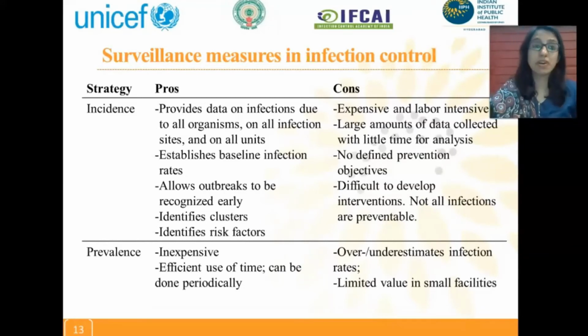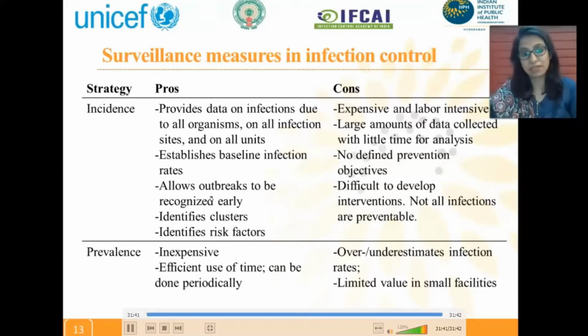People may not have recorded the information well, or they have forgotten if the infection happened or not, or if they practiced or not, so the data may not be as accurate. But again, you have to choose which indicator you are looking at and what is more feasible and useful, prevalence based or incidence based surveillance.